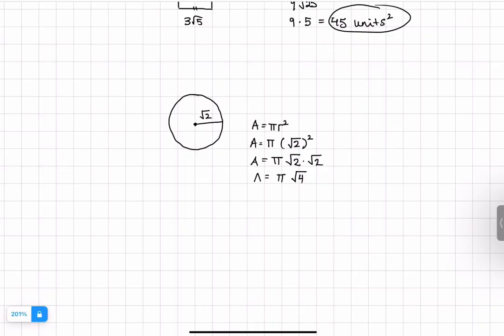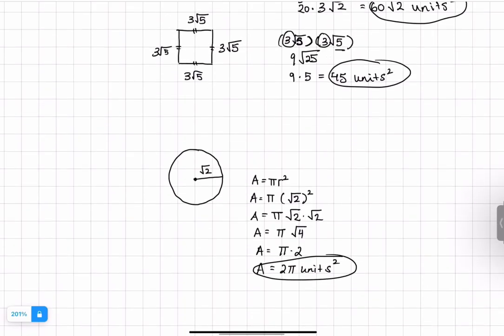Root 4 is a perfect square, so area equals pi times 2. We generally write pi after the whole number, so it will be 2 pi units squared. So that is the area of this circle.